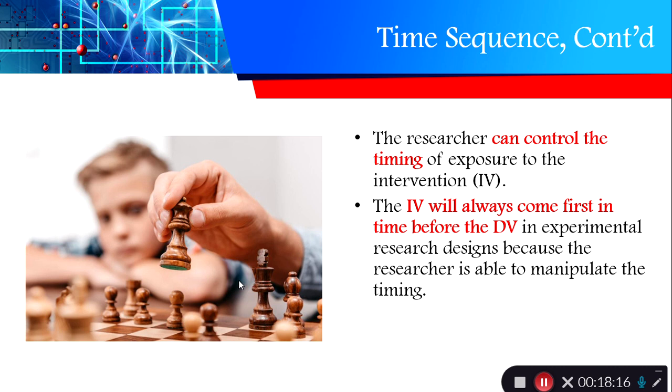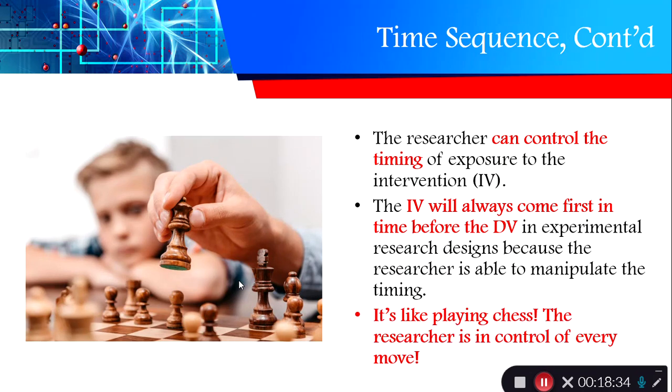So the IV or the intervention, participants will always be exposed to the IV first, in this case, the intervention or the experimental stimulus, in time in the experimental research designs because the researcher is able to manipulate the timing, okay? So it's like playing chess. The researcher is in control of every move, including time sequence or timing of exposure.